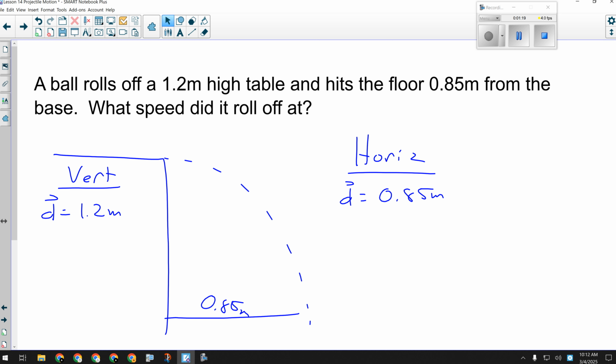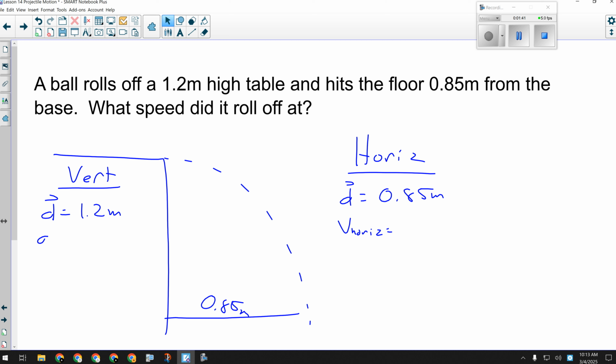Okay, what speed did it roll off at? Well, it rolled off horizontally. So what I'm looking for here is the horizontal velocity. What do I need? I need the time. Okay, what other pieces of vertical information do I have that are not explicitly stated? Gravity.